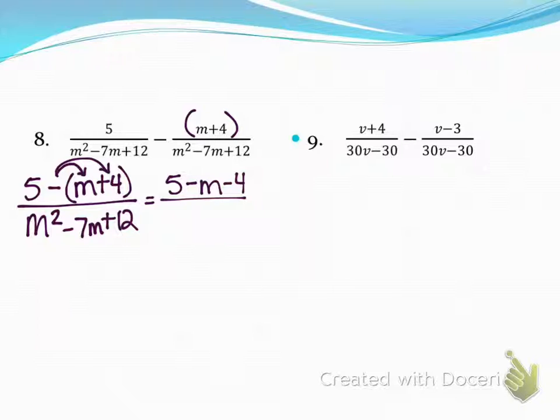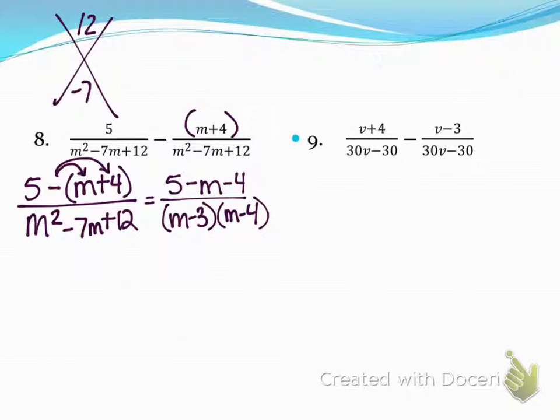While we're at it, we can go ahead and factor that denominator. What do we get? Anybody factor it yet? Good. M minus 3 and M minus 4. If you need to see that magic X, we would have had 12 in the top, negative 7 in the bottom.